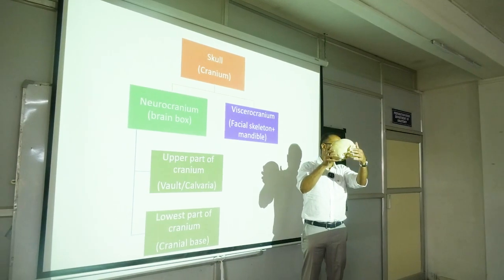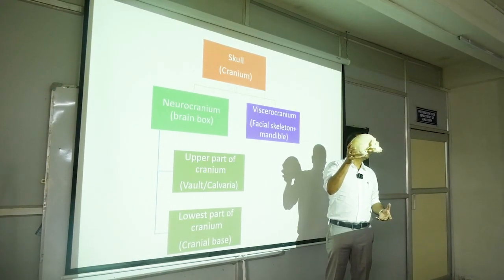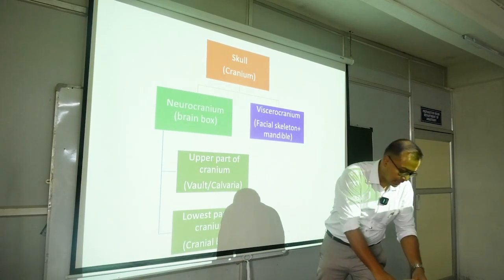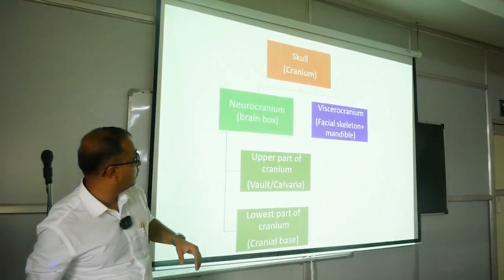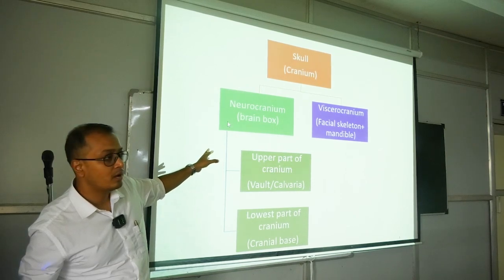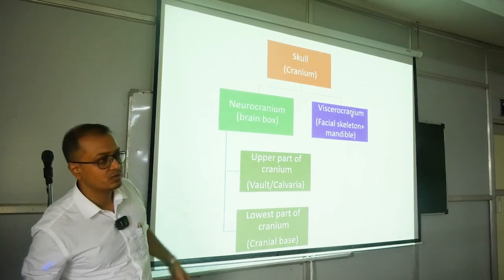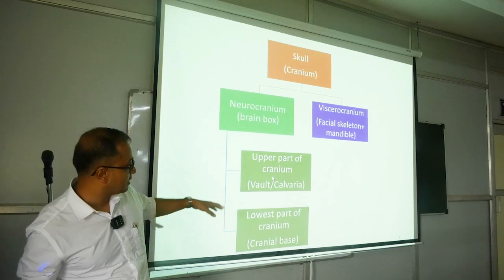And on the front side, if you are looking at these bones, including the mandible, we call them the viscerocranium. So we divide this skeleton based on function, how they are holding the skull, the cranium together, into two parts: the neurocranium or brain box, and the facial skeleton, which we call the viscerocranium. And this brain box has two parts, upper part and lower part.